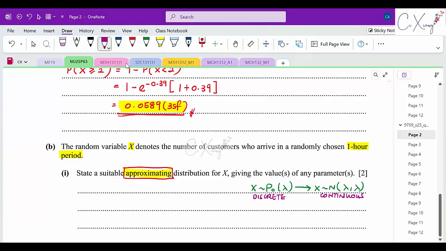Therefore, you have to apply some adjustment before you calculate the probability, and we call this adjustment continuity correction. Usually the continuity correction will be plus or minus 0.5. It depends on the question and the sign of the question.